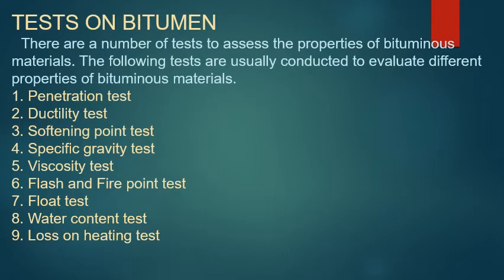That's why the VG grade came into the picture with respect to its application and service temperatures. So it is recommended to go for the viscosity property of the binder in terms of absolute viscosity and kinematic viscosity test results, right?